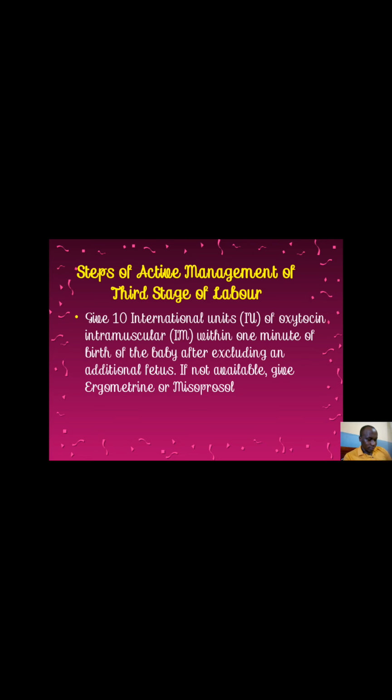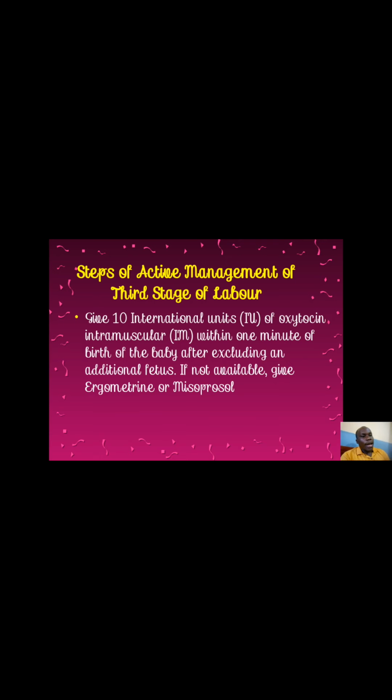Oxytocin hii ni dawa ambayo ni artificial synthesized hormone ambayo inasaidia contractions of the uterus. Kwa hiyo tunampa mama 10 international units IM au tunamchoma intramuscular within 1 minute of birth.